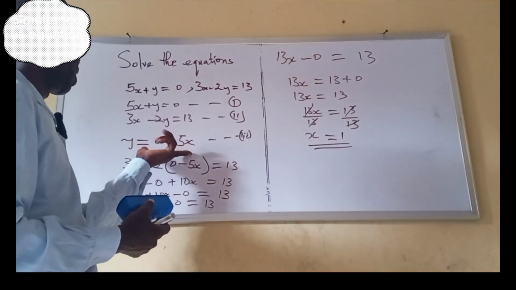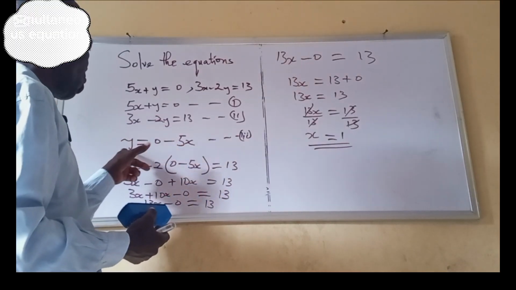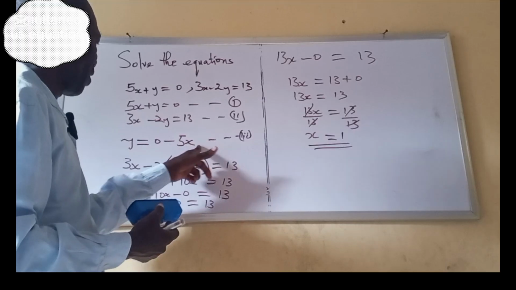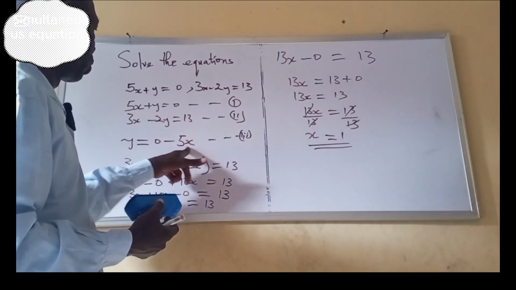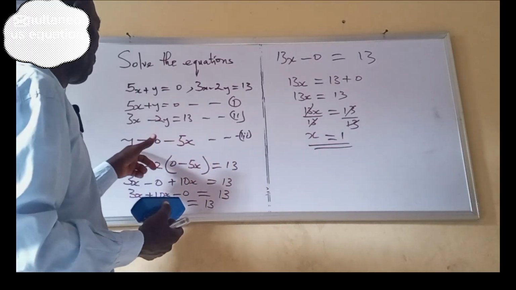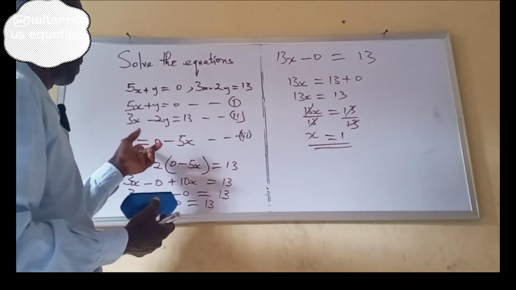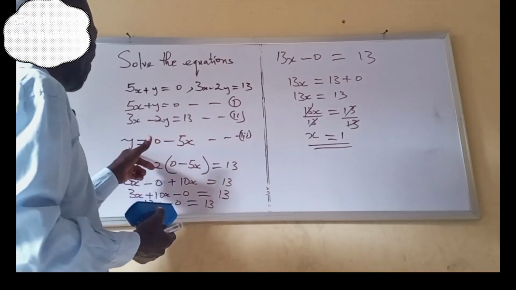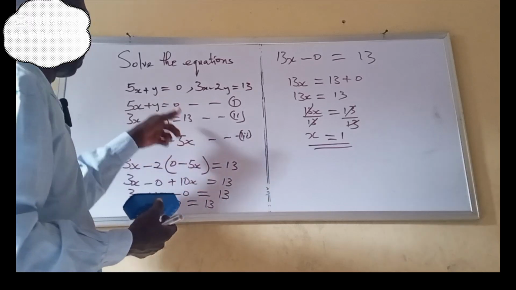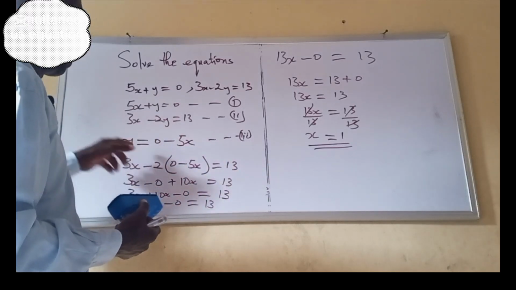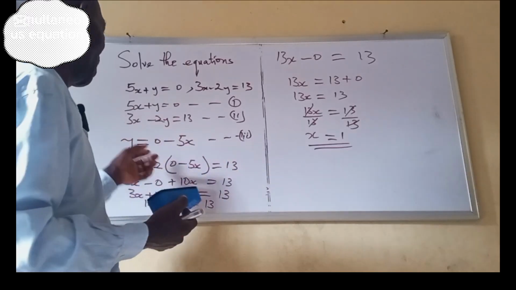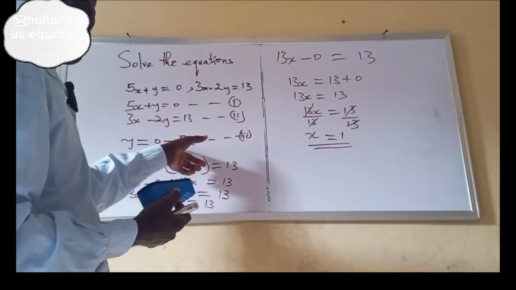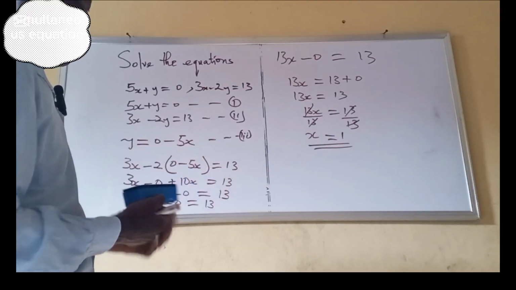We just used this as the subject of the formula. We rearranged because we are going to substitute. That's why we rearranged equation 1, to make y the subject. So now we are going to get the real value of y.